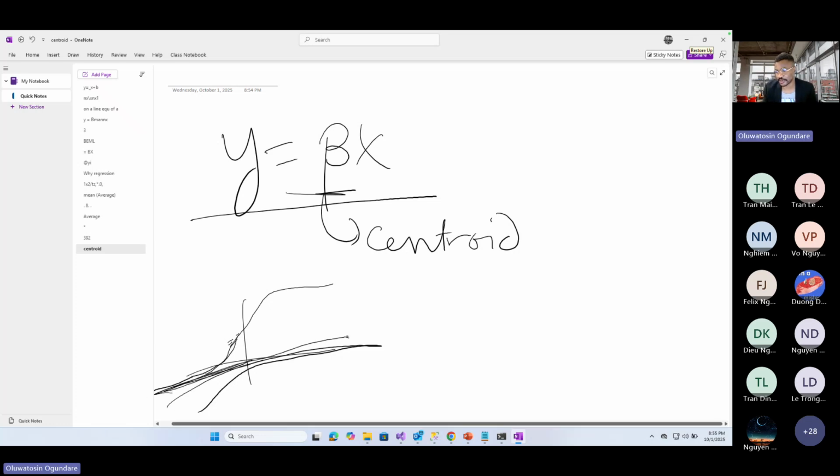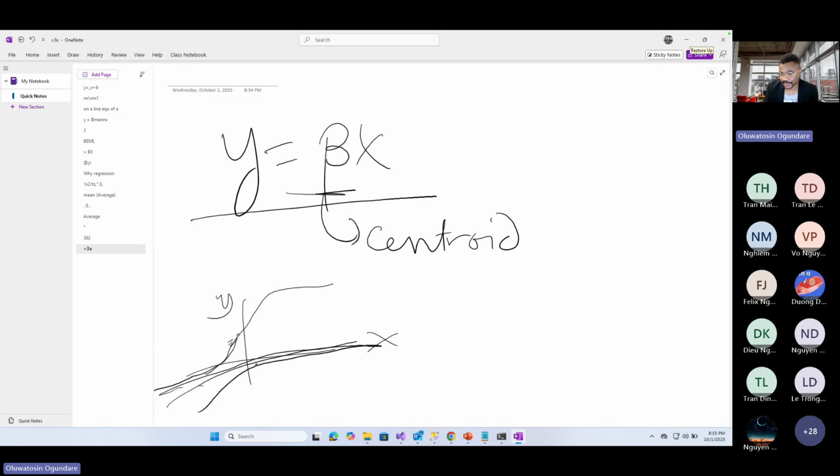Man, this is the worst picture ever. But this is the x-axis, this is the y-axis, and this is 0. So, of course, y is equal to 0 up to a certain point, and y is 1 after a certain point of x.